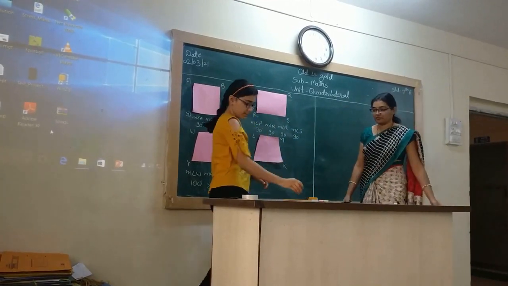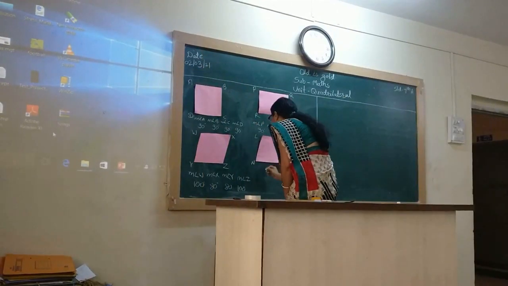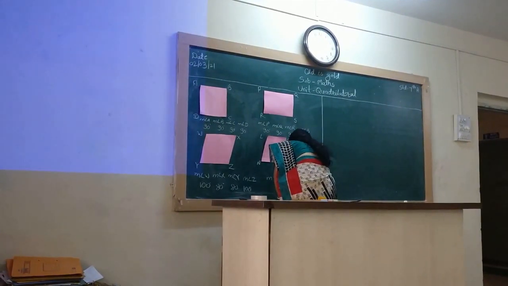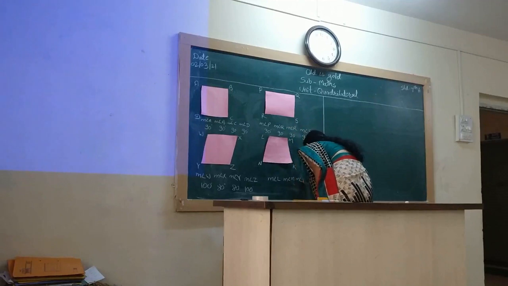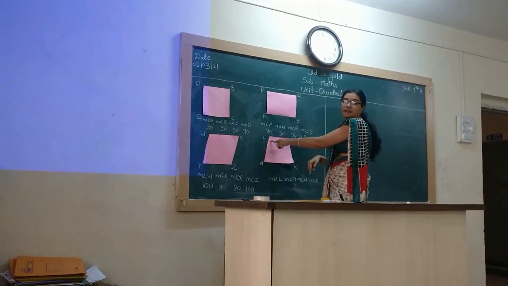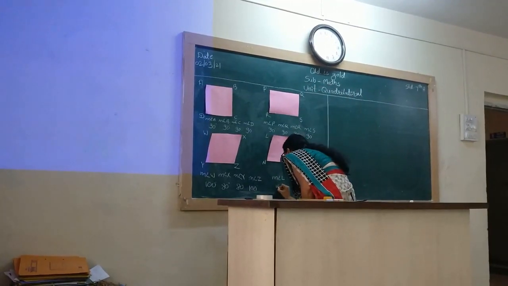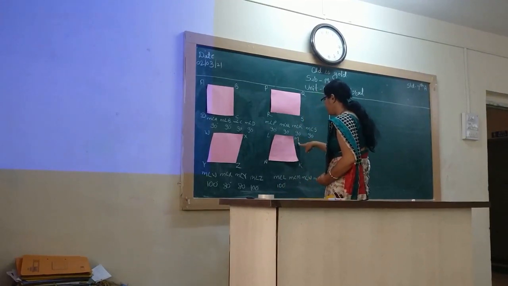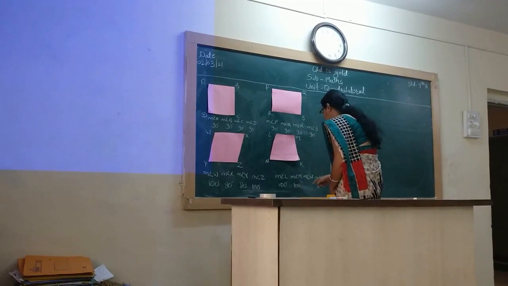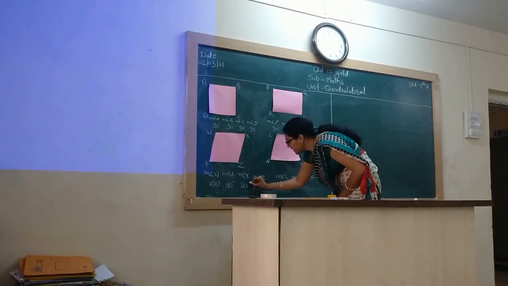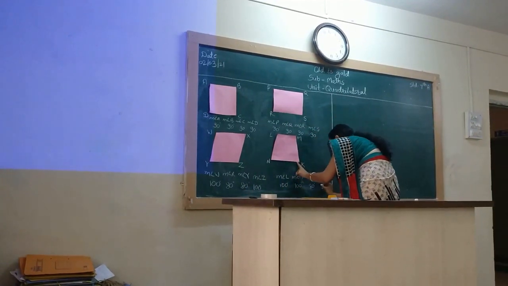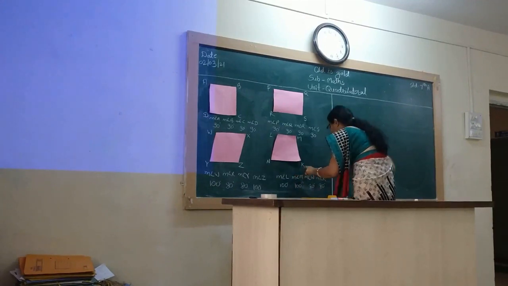Yes, very good. Again, we will write down measure of angle L, then measure of angle M, measure of angle N, and measure of angle K. L is 100 degrees. Then measure of angle M is also 100 degrees. Then measure of angle N is 80 degrees. And measure of angle K is also 80 degrees. Okay.